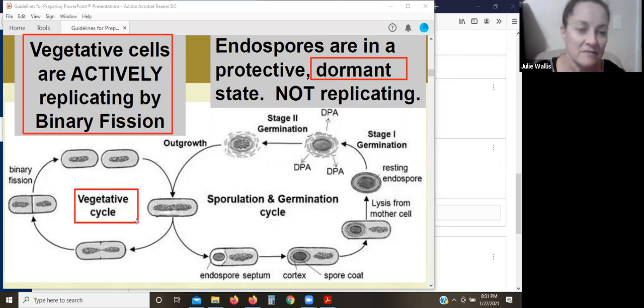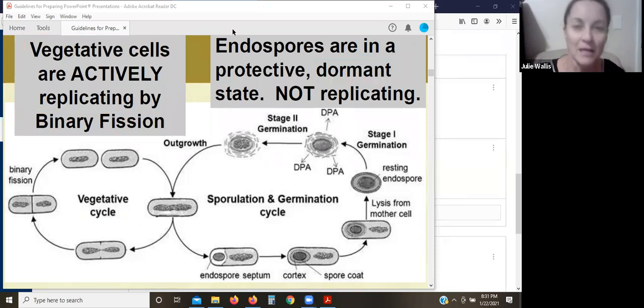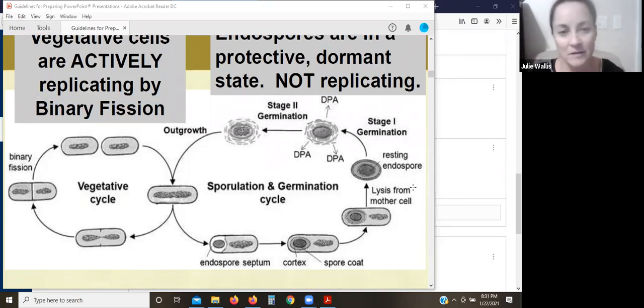The vegetative cycle, unlike what it sounds like, is the normal actively metabolizing, actively replicating bacteria. So if it leaves the endospore state and returns to the vegetative state, it is now replicating by binary fission again, a live, active, replicating bacterial cell.